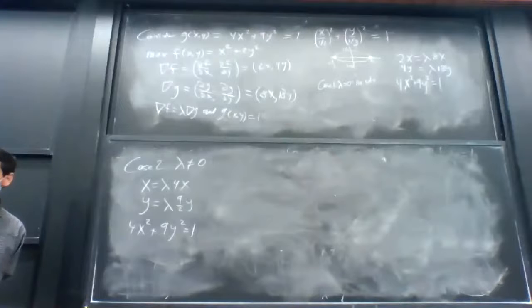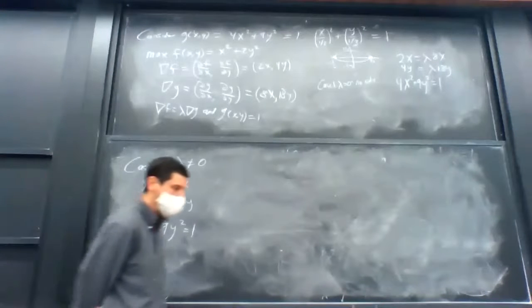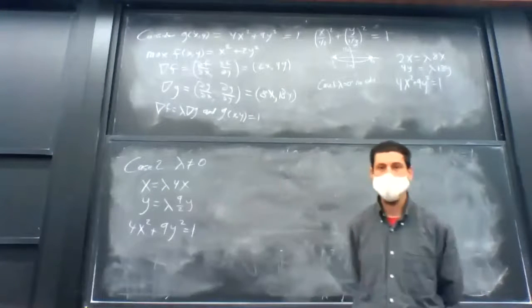What do you think the solutions are going to be? Is it possible that both x and y are 0?